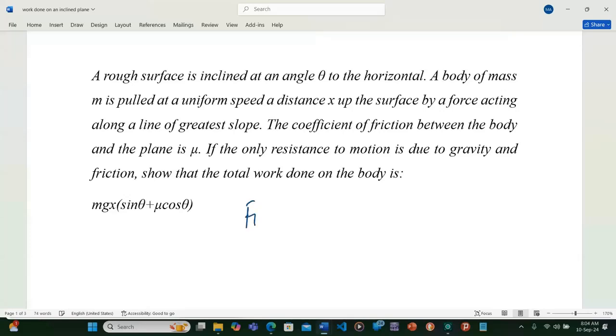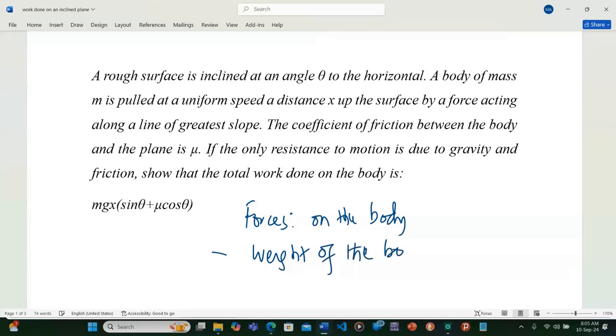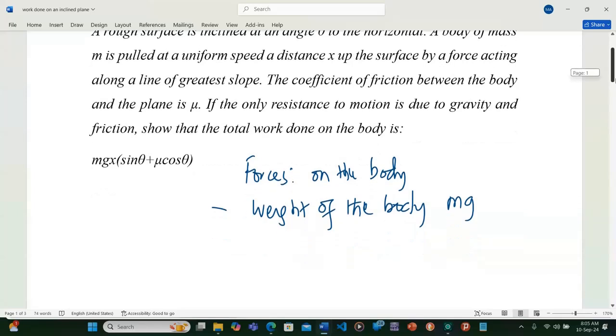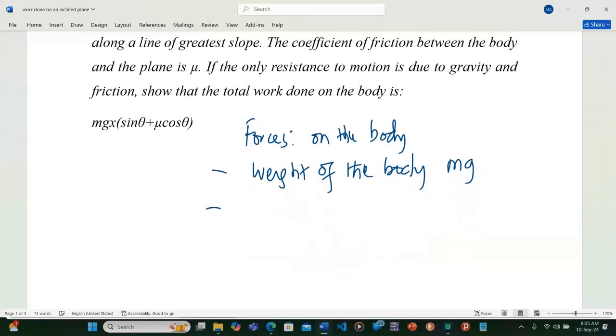So, forces on the body. One, we have the weight of the body, mg. Then we have the normal reaction, which we can call R. And this normal reaction depends on, of course, the friction force.